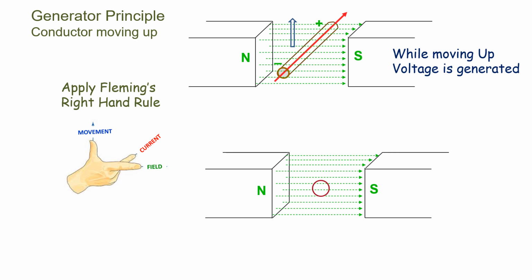Let this conductor be moved upwards. This upward movement is indicated by the thumb of the right hand. So by means of Fleming's right hand rule, the second finger, which is oriented towards inside, will give you the current direction.